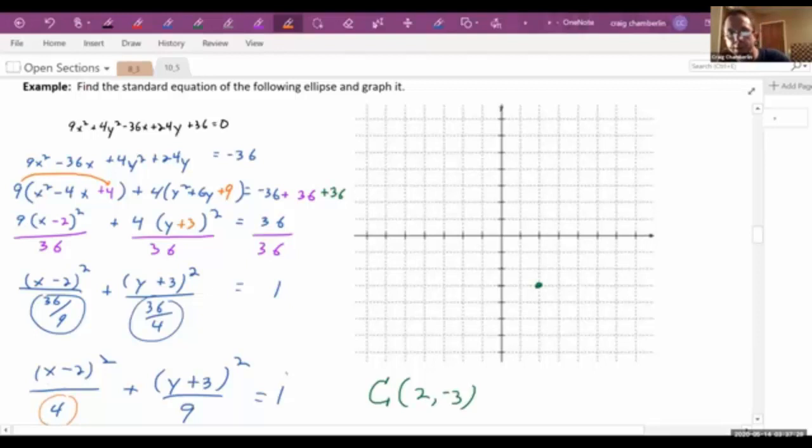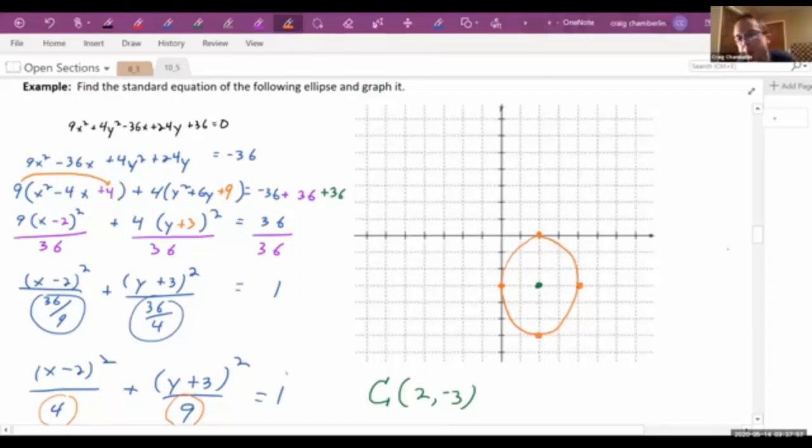So from the center, go left 2, go right 2. And then up and down, square root of that number, 1, 2, 3, 1, 2, 3. And just draw the best oval shape you can. It's not going to be perfect. And there's your ellipse.